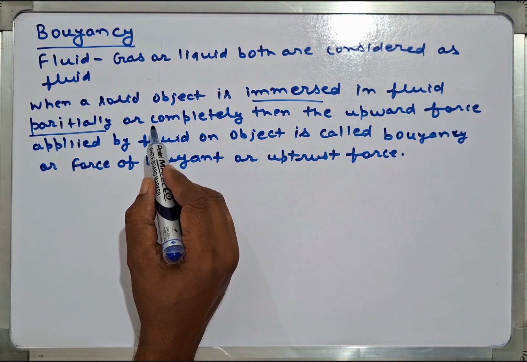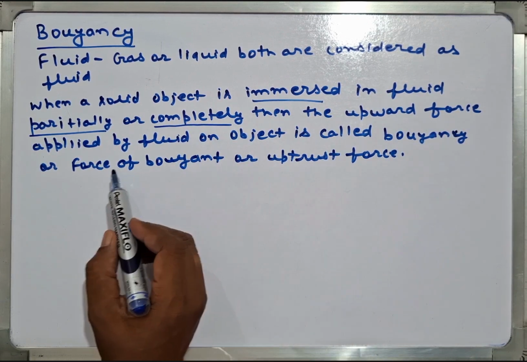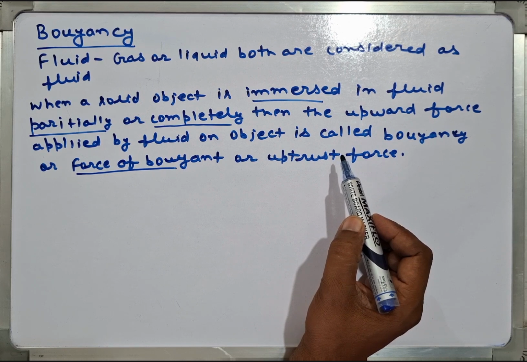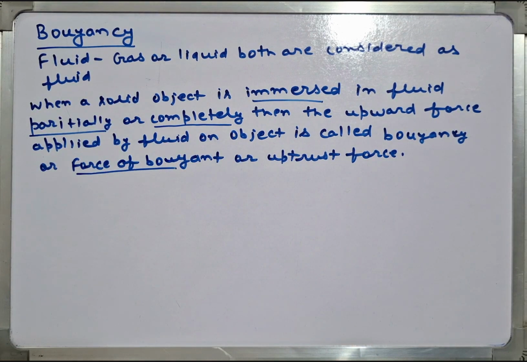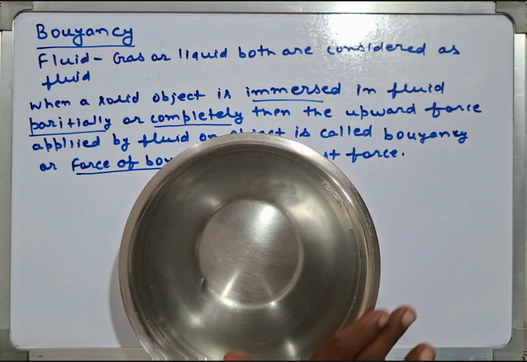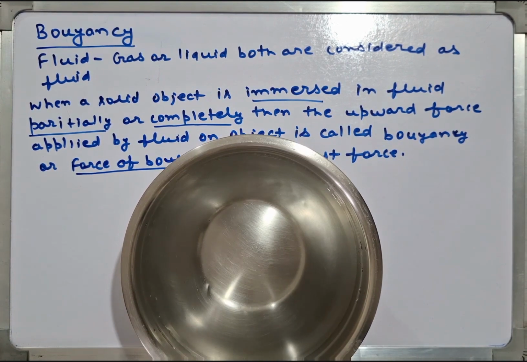First of all you see, then we will discuss the force applied by fluid on an object by an experiment. This is a bowl in which water is filled partially, not fully, because when the water is at the top surface, then it is fully filled. However, the level here is less than the top, so this is the partially filled bowl.